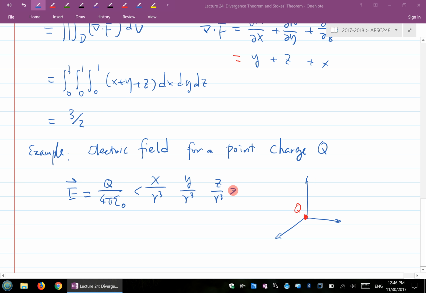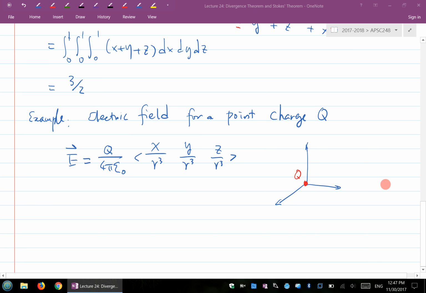Okay, so that's your electric field due to this point charge. I think you probably learned that in 178. The R here refers to any location in 3D space. So this is your R here. R is basically the distance from that point to the origin.